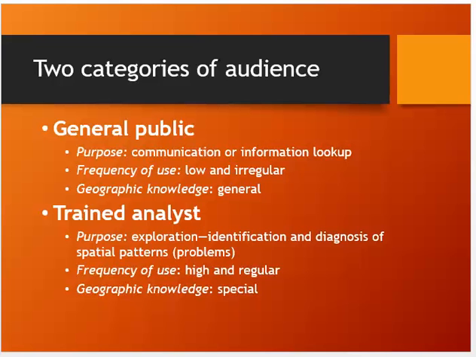And depending on the answer to those questions is going to go a long way in determining what kind of elements need to be included in the map, as well as the symbology and just general information on the map. If it's someone who's familiar with the area, familiar with the data, you probably don't have to put a north arrow. If it's someone who doesn't have a working knowledge of the subject matter or of the area, you're probably going to need to add a little bit more information on the maps.